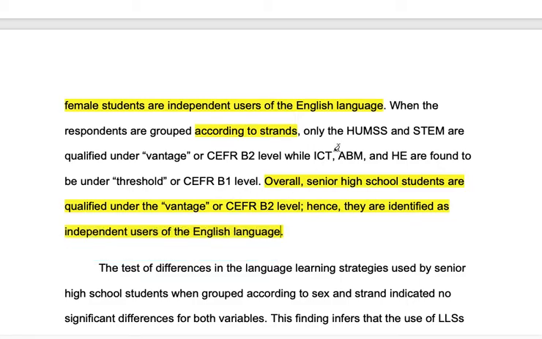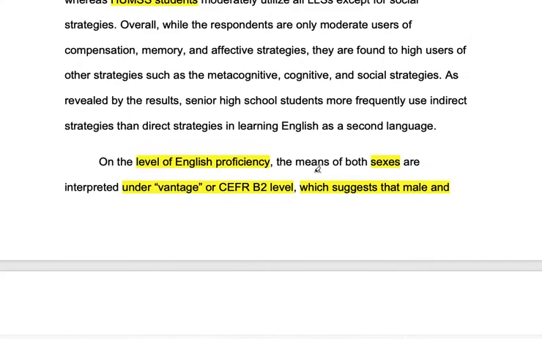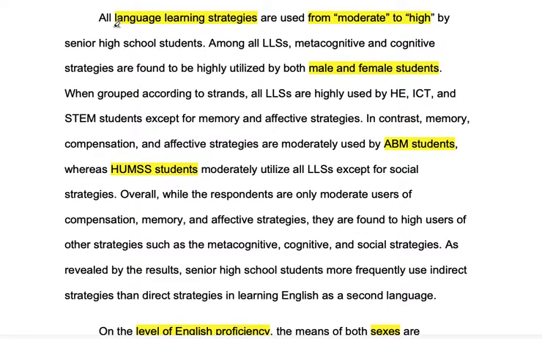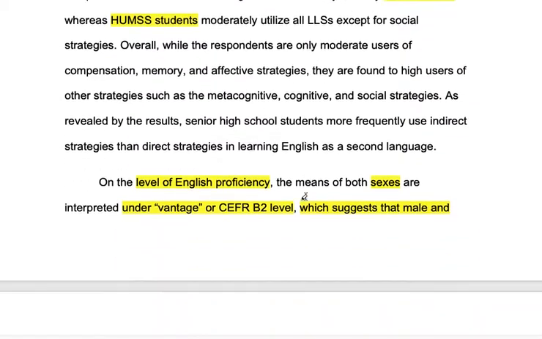So, take a look at this. Under language learning strategies used, the researcher only wrote how many paragraphs? 1, 2, 3, and 4 paragraphs. Wow, 5.